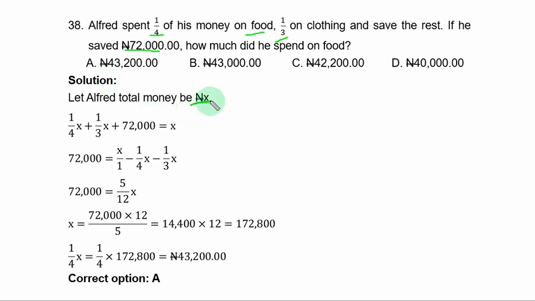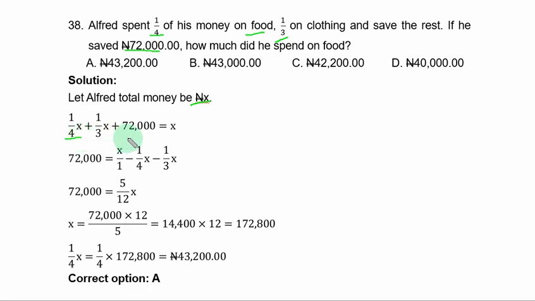From the S naira, he spent 1/4 of it on food. So you have 1/4, 1/3 on clothing, and he saved 72,000 naira. All the amount he spent and the one he saved is equal to the total money S.